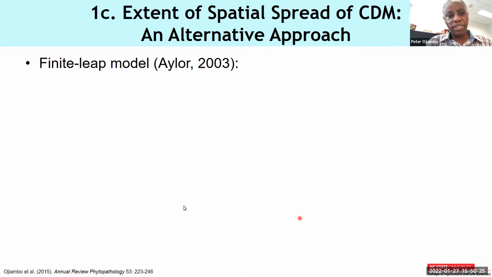One of the things that I looked at was the finite leap model developed by Ayla in 2003 on aerobiology, looking at aerially dispersed pathogens and how things like spore concentration and wind velocity affect spore transport.